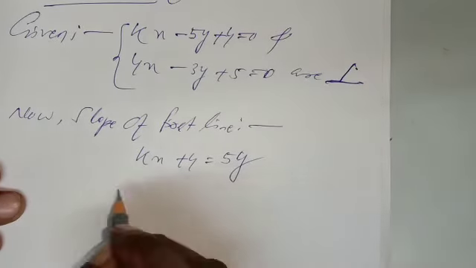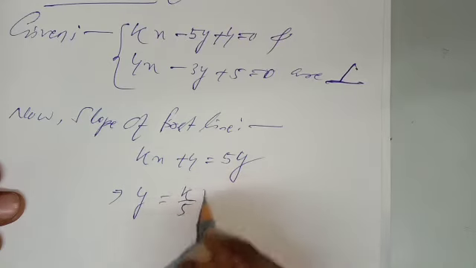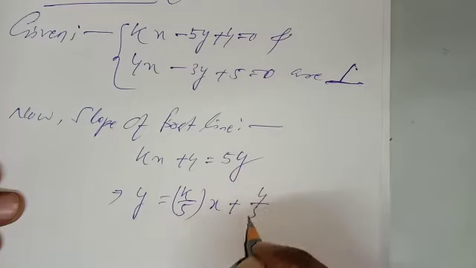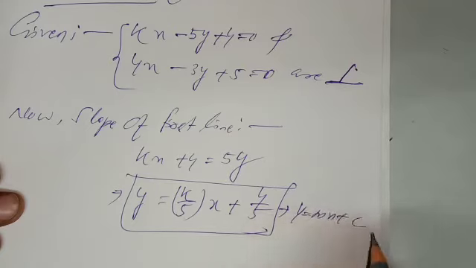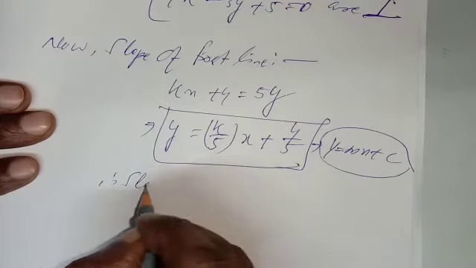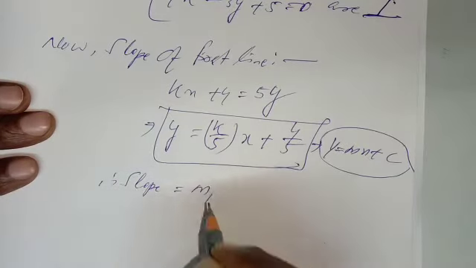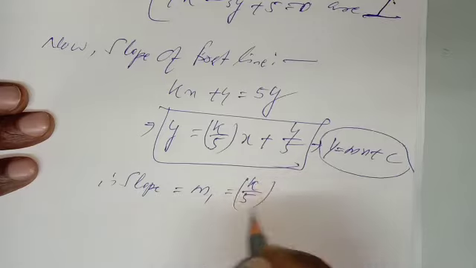So y is equal to k by 5 into x plus 4 by 5, dividing by 5. Comparing this with y is equal to mx plus c, the slope of the first line, that is m1, is k by 5.